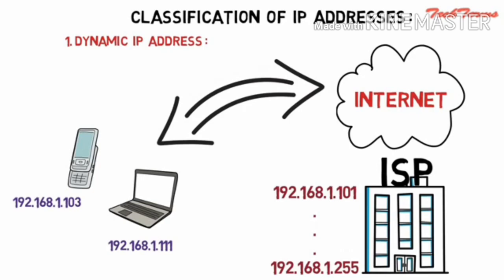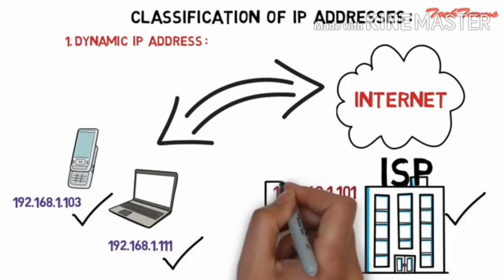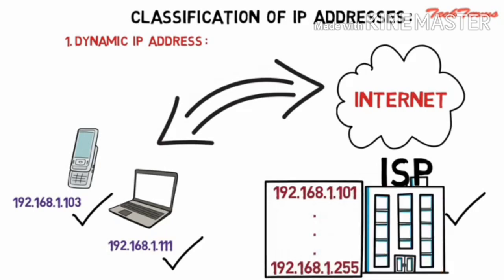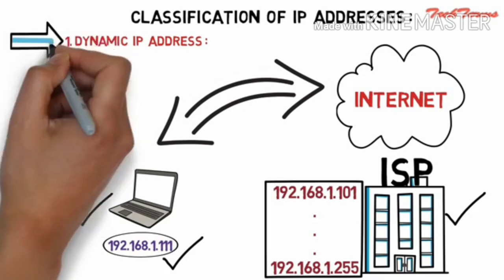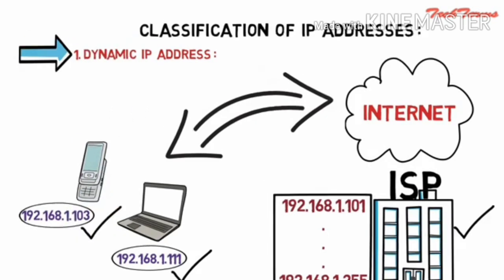Next time you connect your device to internet, your internet service provider provides you some different IP address, but from the same available range. Since IP address keeps on changing every time you connect your device to internet, such IP addresses are called dynamic IP addresses.